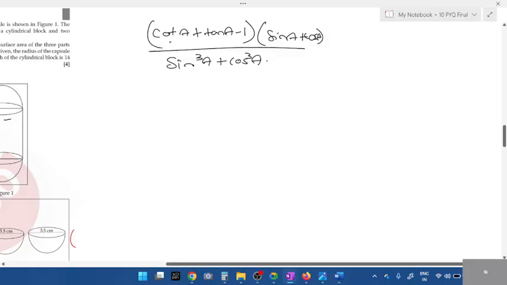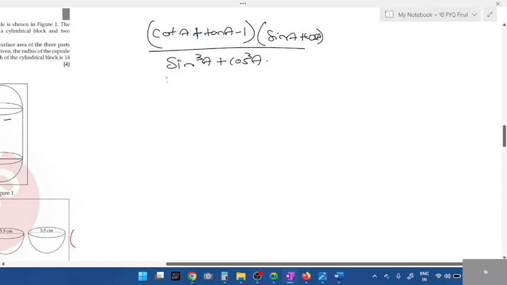Keep sin and cos as they are. Convert cot and tan. What's the answer, students?